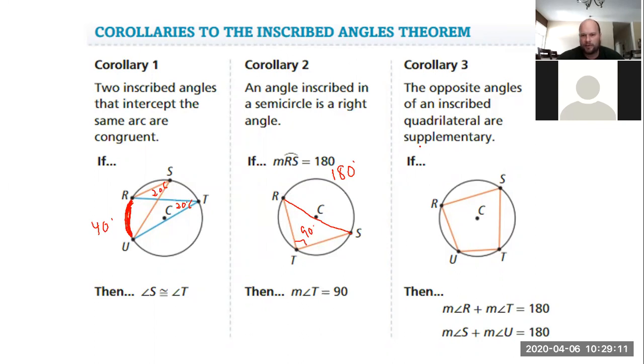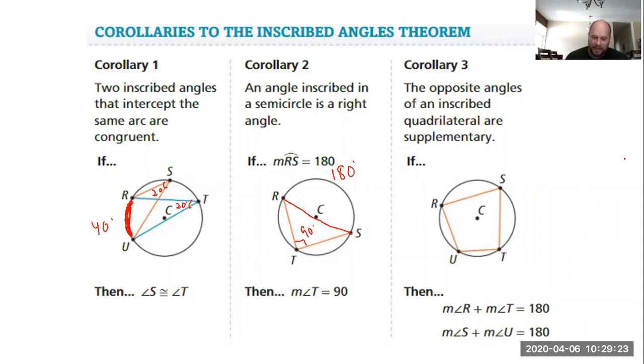And then corollary number 3, opposite angles of an inscribed quadrilateral are supplementary. Well, now that one is a little bit different, but it's the same idea. So let me use 2 different colors here to represent this. This arc here, this really big arc, all the way around. And let me pick another color here.